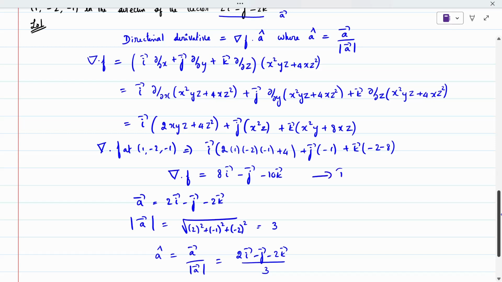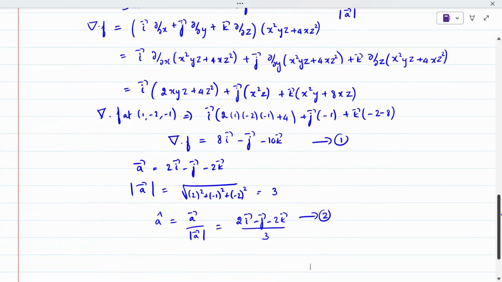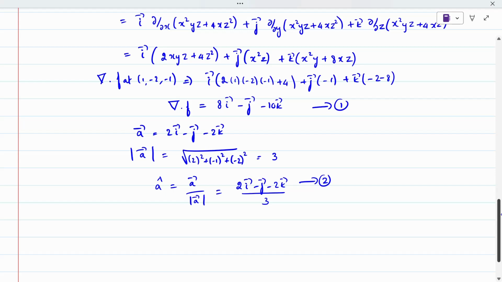This is my first equation and this is my second equation. Both if I multiply, it's nothing but the directional derivative. So my directional derivative is del f dot a cap.